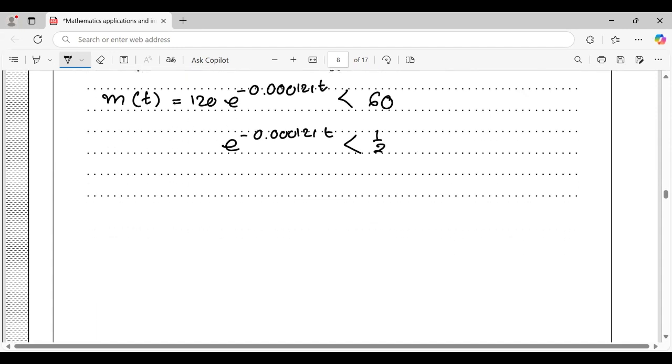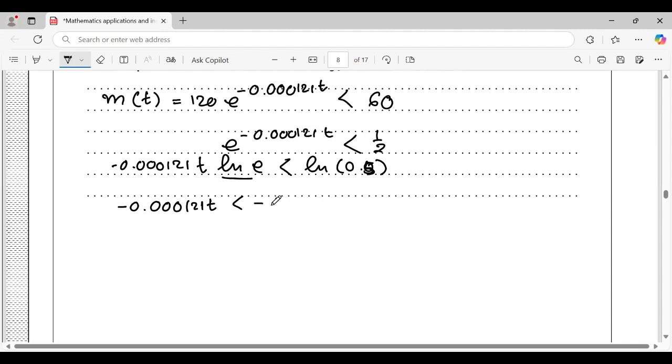Based on the log rule, we can write that minus 0.0000121 t ln e less than ln 0.5, which is one half. So ln e is 1, and minus 0.0000121 t is less than ln 0.5, which is minus 0.693147.